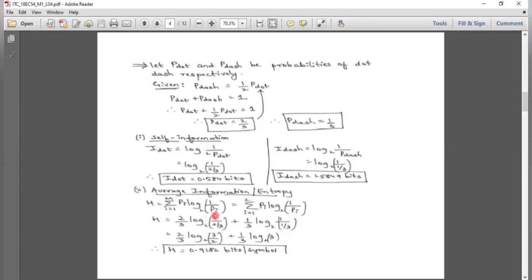So log 1 divided by 2 by 3 can be written as log 3 by 2 to the base 2. Similarly, log 1 divided by 1 by 3 can be written as log 3 to the base 2. Log 3 to the base 2 can be computed as log 3 divided by log 2, and log 3 by 2 to the base 2 can be computed as log 3 by 2 divided by log 2, which results in entropy value as 0.9182 bits per symbol.